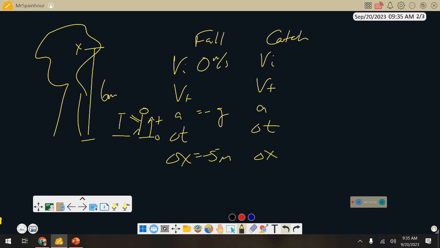Okay, so what do we know for the catch? The velocity initial is not quite. Well, okay, we haven't got there yet. We're assuming we're at the beginning of the problem right now.